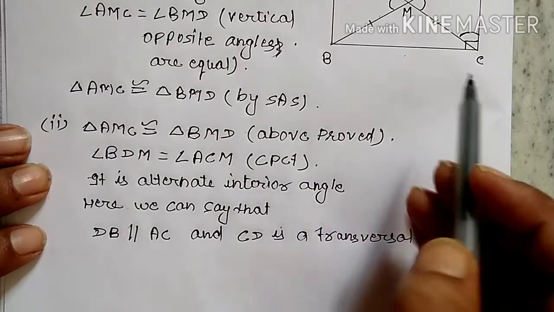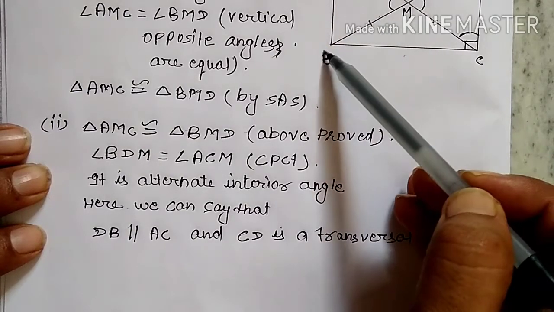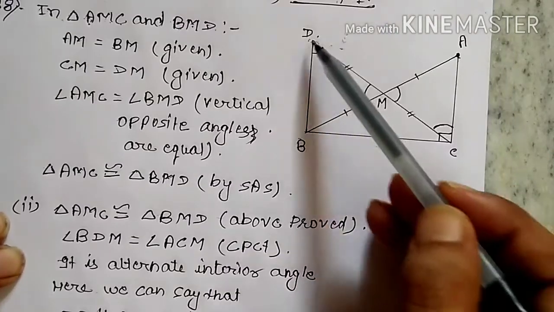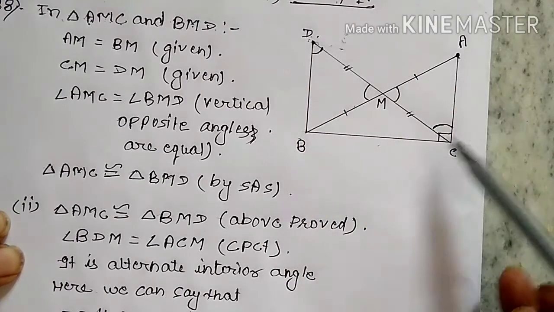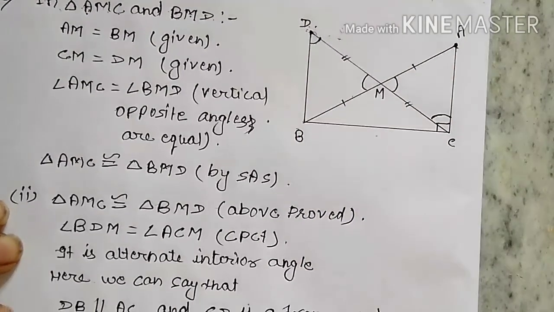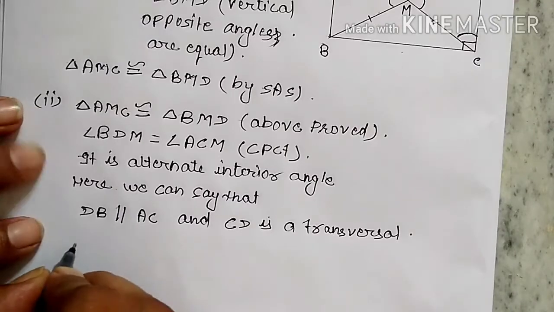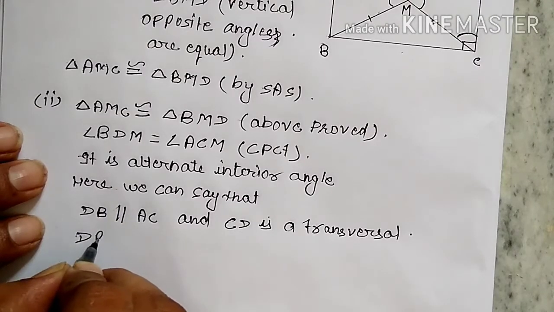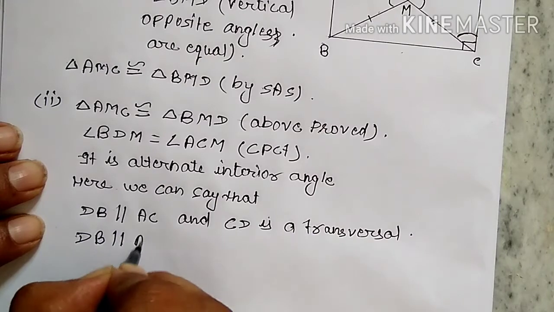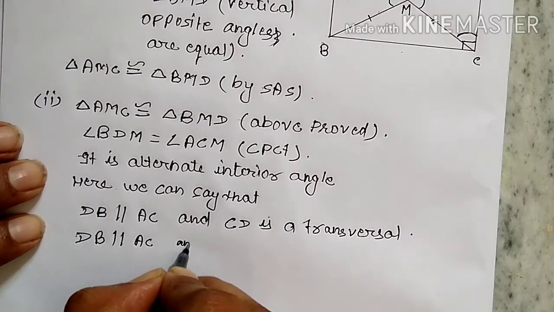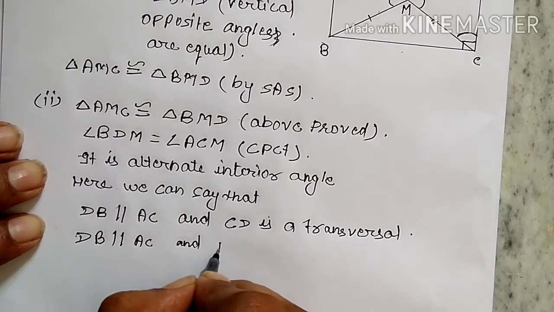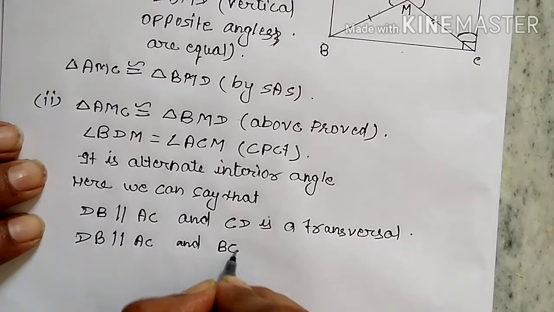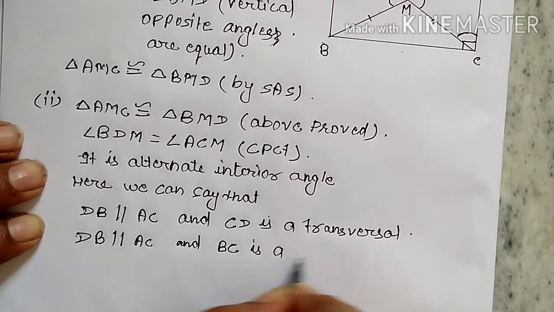And we also can say that DB is parallel to AC and BC is a transversal.